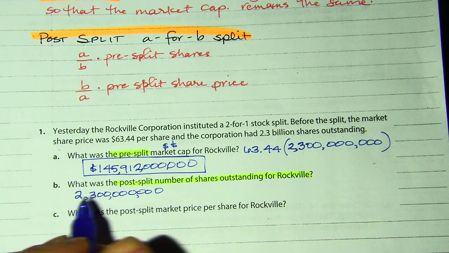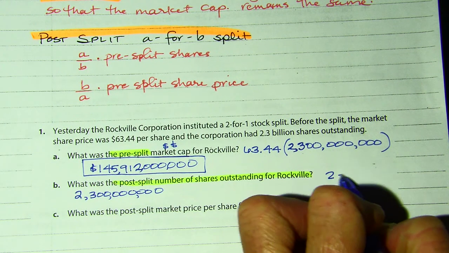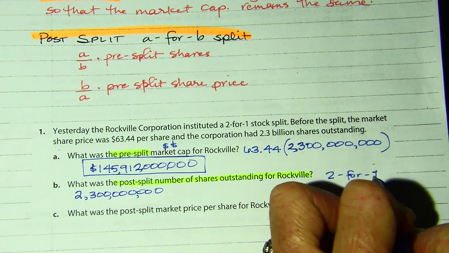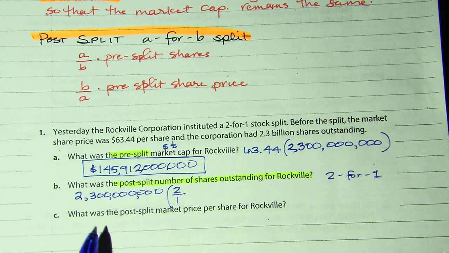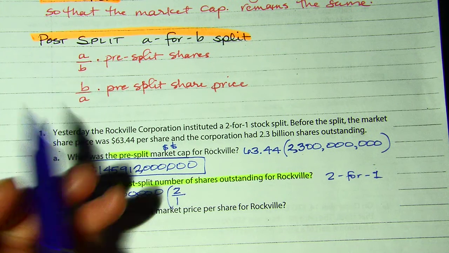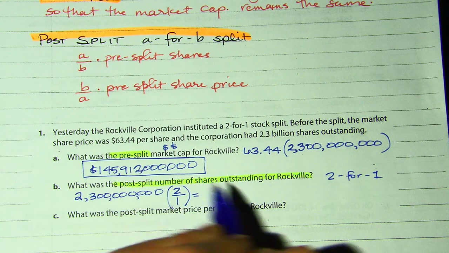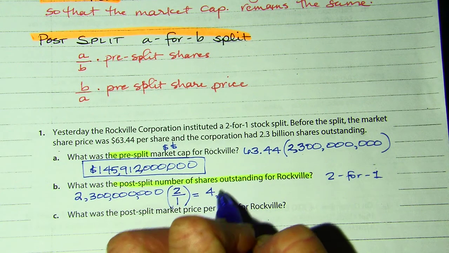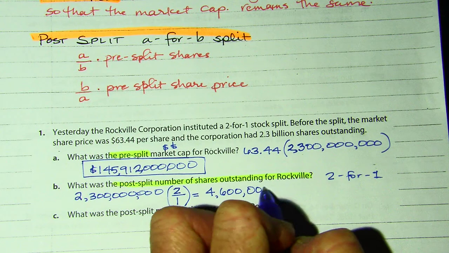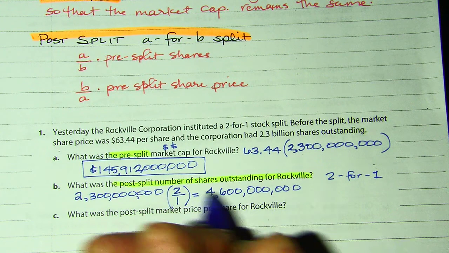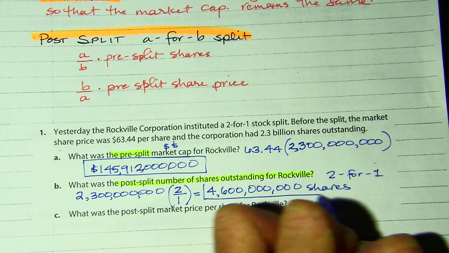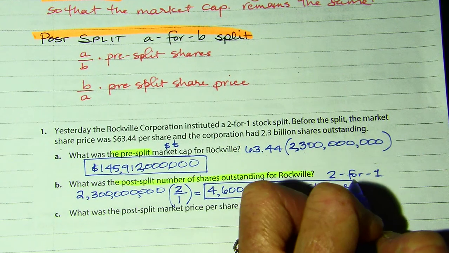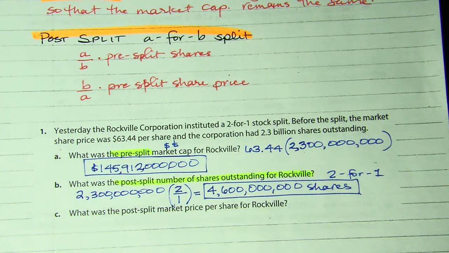This is a 2 for 1, so I'm multiplying that by A over B. It's this setup here. The first number over the second number. And that gives me 4,600,000,000 shares. So their shares doubled. It went from 2.3 billion to 4.6.